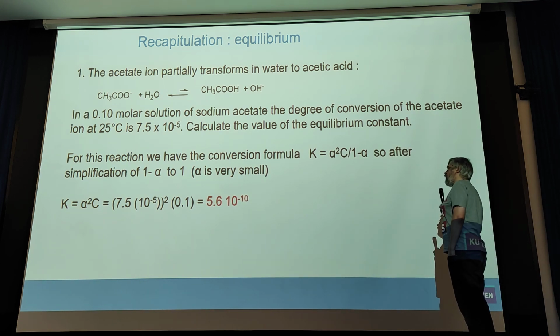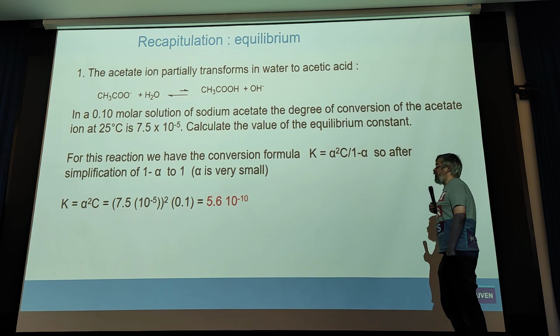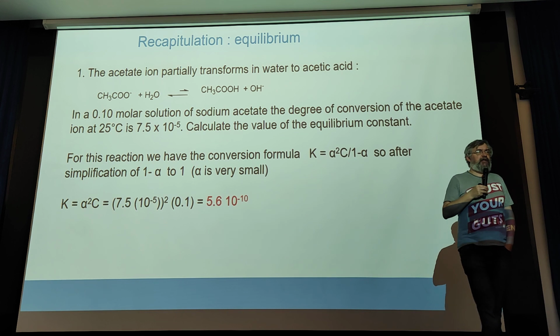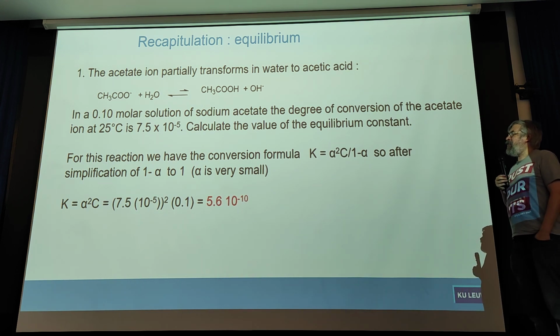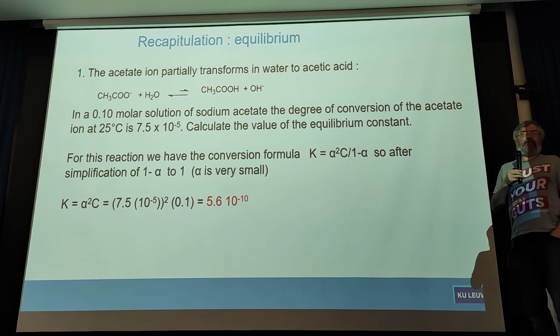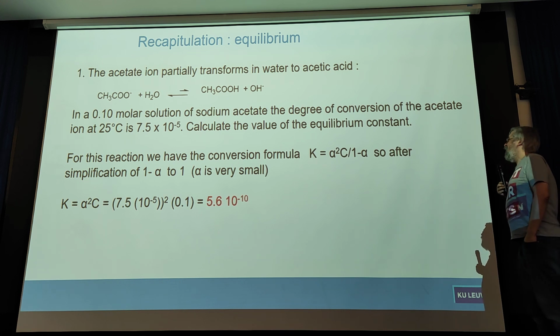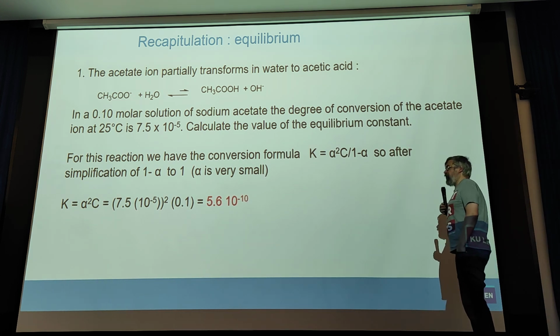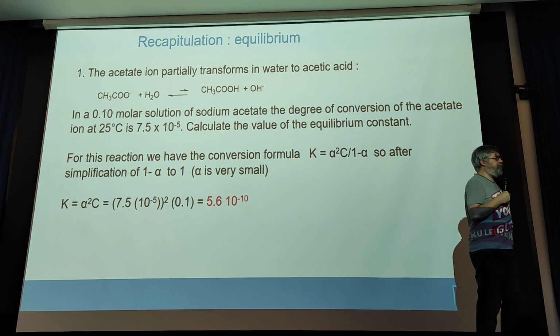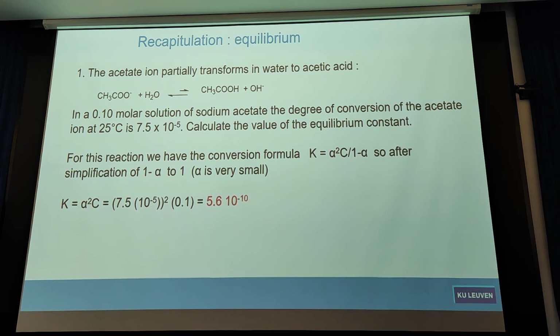So, it is given that in a 0.1 molar solution of sodium acetate, the conversion of the acetate at 25 degrees is only 7.5 times 10 to the minus 5. So only 7.5 molecules in 100,000 are actually hydrolyzed. So it is asked to calculate from this data the value of the equilibrium constant.